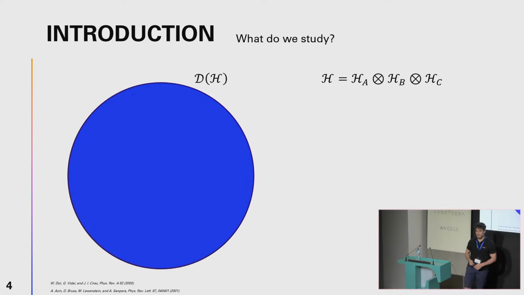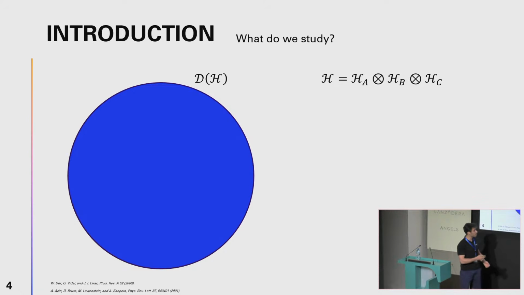We are interested in entanglement classification. This means that there may be two states that are both entangled, but they are entangled in different ways, and therefore they may be useful for different tasks. As an example, for 3-qubit states, the set of all states, we divide it into different classes.